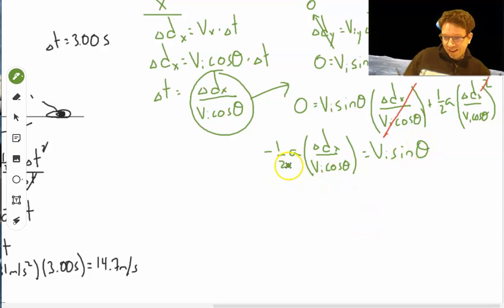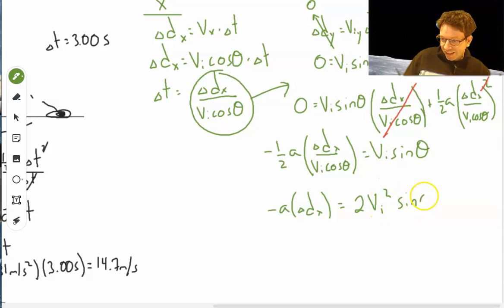And then in the denominator here I have a 2, a vi, and a cos theta. So I'm going to multiply both sides of the equation by that. So I get minus a times our range equals 2 times vi squared times sine theta times cos theta.